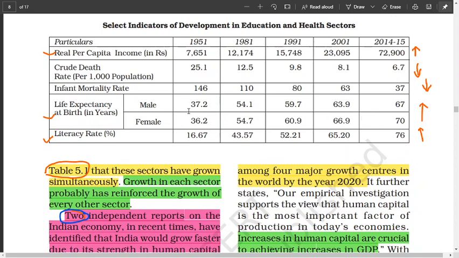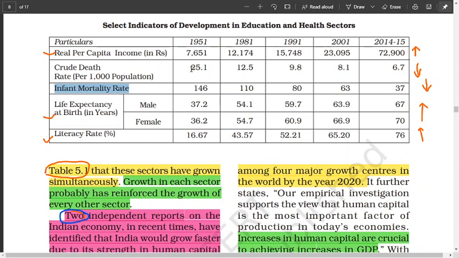This is the growth in the health sector by looking at this criteria. If you look at the infant mortality rate, you can see it has declined. That's good. The death rate of infants has declined.